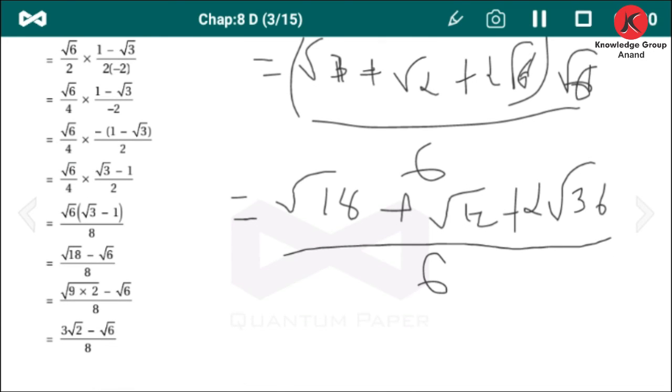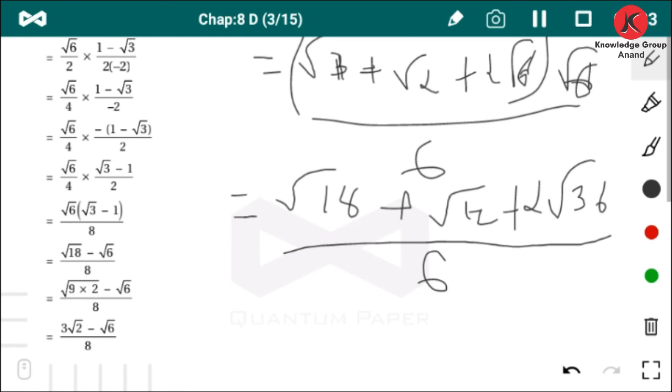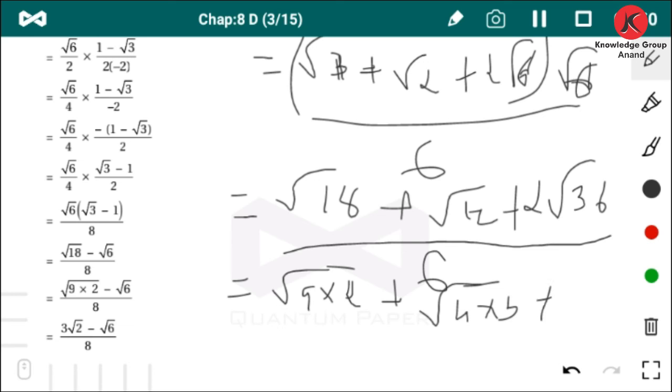Then root 18 is equal to 9 into root 2, plus root 12, root 12 is equal to 4 into 3, plus 2. The square root of 36 is equal to 6, upon 6.